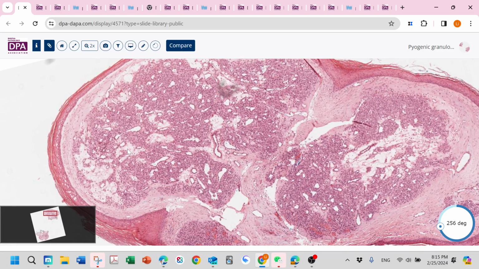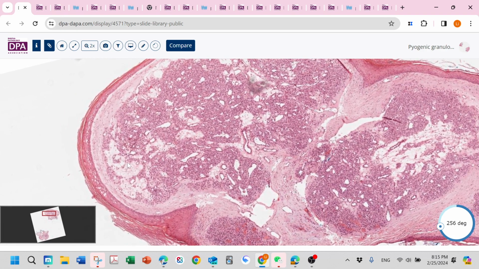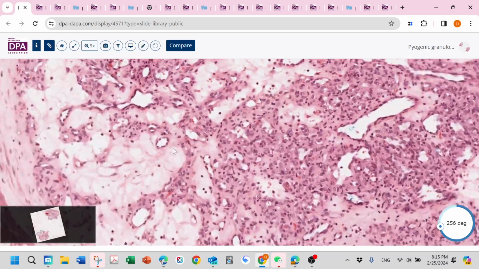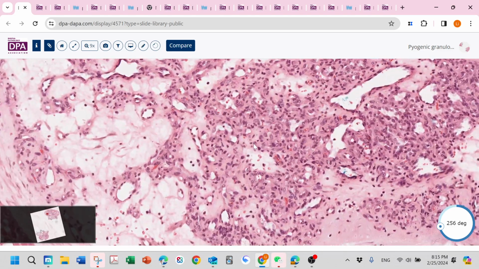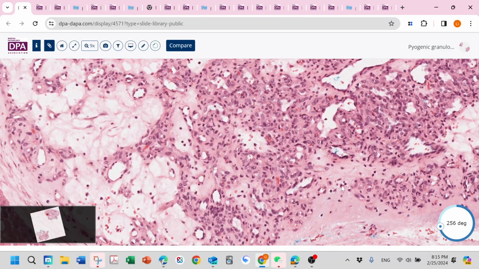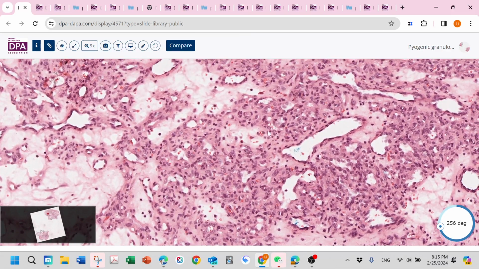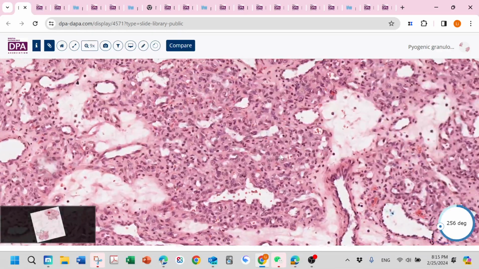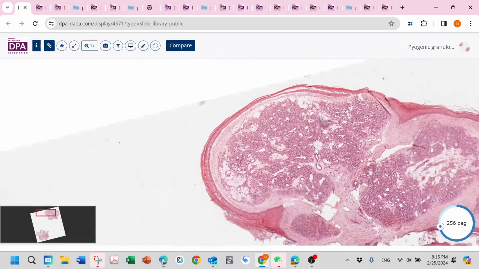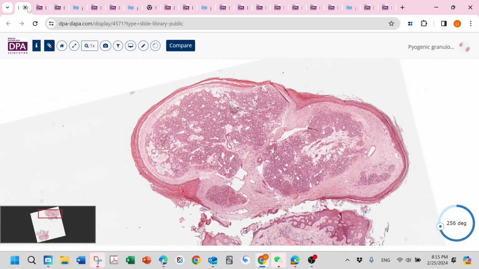You can see they sometimes have this edematous stroma. Let's zoom in. Sometimes you may see tons of inflammatory cells, like lymphocytes. Sometimes you will see neutrophils, even eosinophils. That is normal. So pyogenic granuloma.